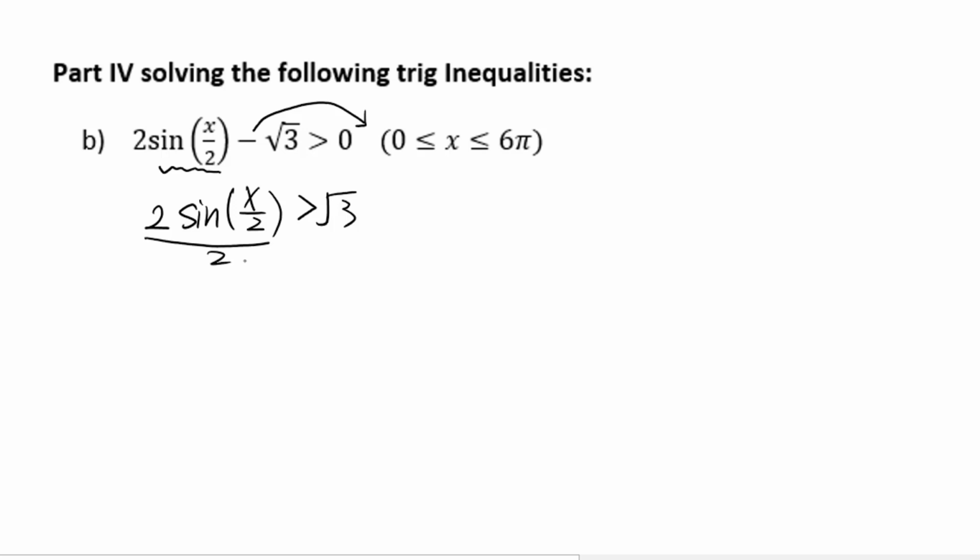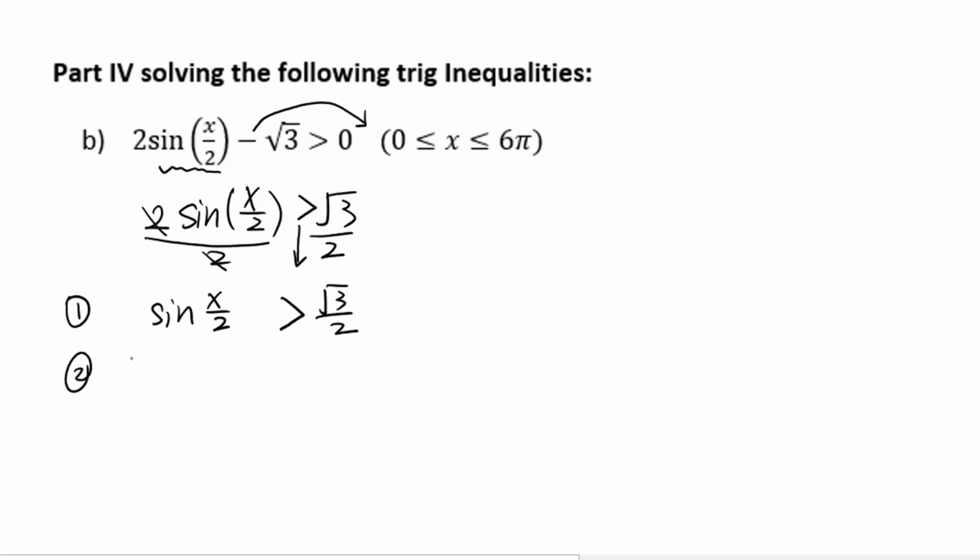Then we divide both sides by 2. Because we divided by a positive number, the symbol stays greater than. Reduce, we get sine x over 2 greater than square root of 3 over 2. This is the first step.